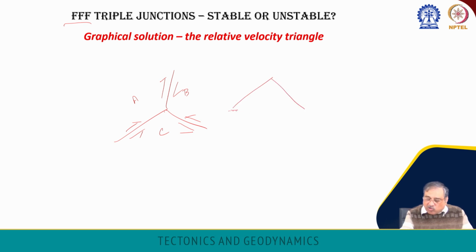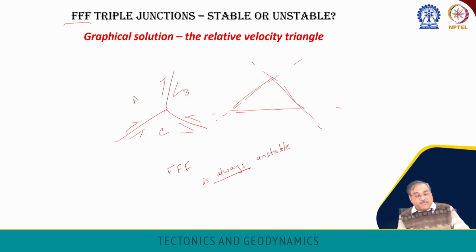Any triangle that you draw, one line has to be parallel this way, the other this way, and the other this way. Obviously, you will never get a common point of intersection. So an FFF triple junction is always unstable.